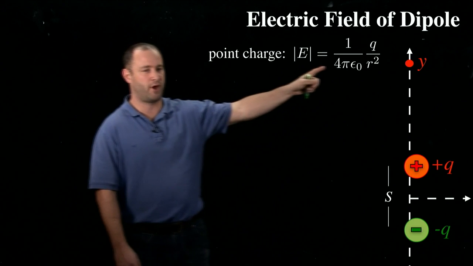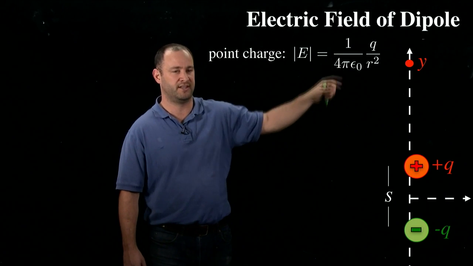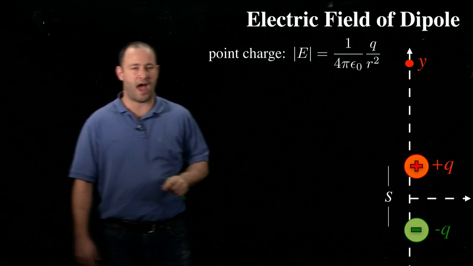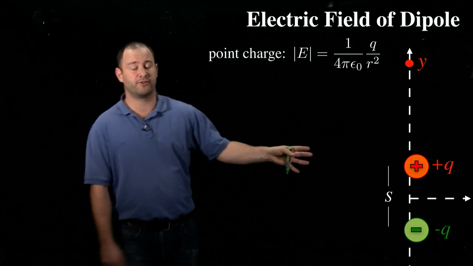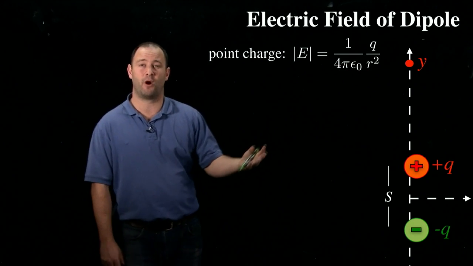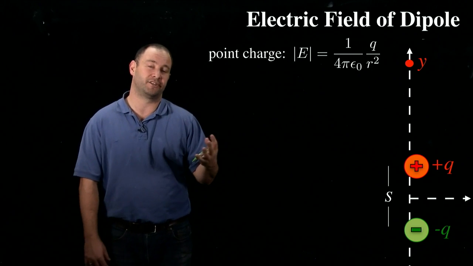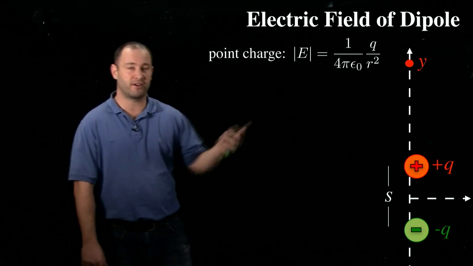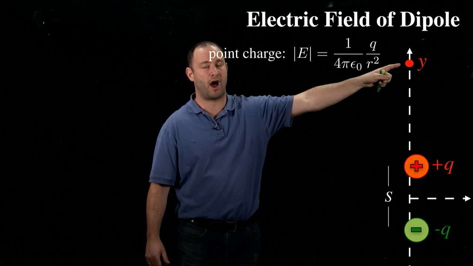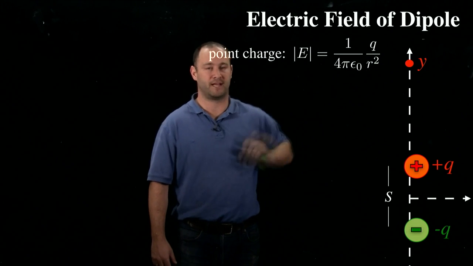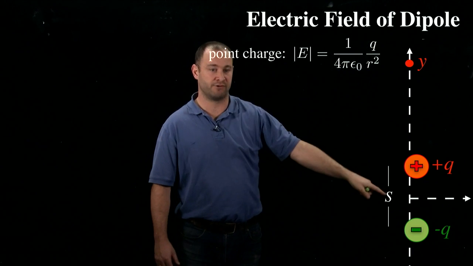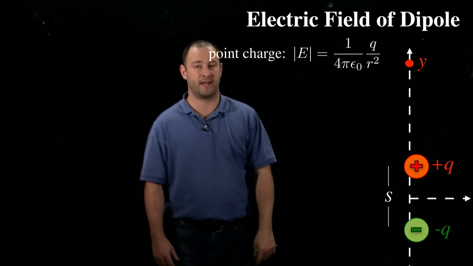This is just a bunch of constants, this is the value of the charge, and this is the distance r squared. In a situation like this with a dipole, we remember that vectors such as this sum. So we can calculate the electric field up at this point y: the contribution from the plus charge, added to the contribution from the minus charge.